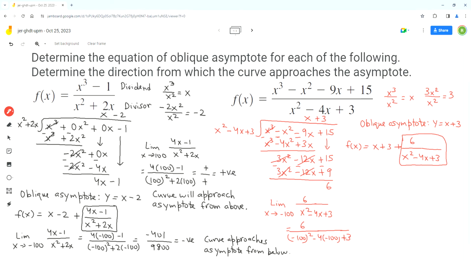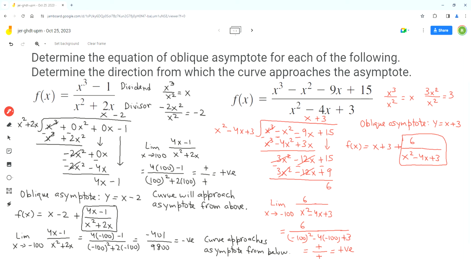So now in this case, the numerator will always be positive because it's just a positive number 6. And in the denominator, we'll end up with a positive value because negative 100 squared is 10,000 and then negative 4 times negative 100 is positive 400 and then plus 3. So we'll end up with a positive value. So the overall value for this limit will be positive.